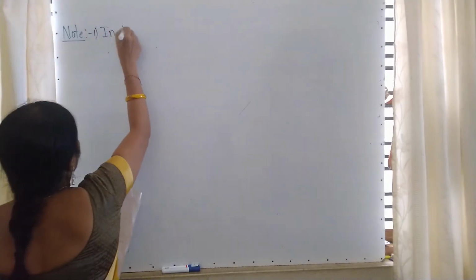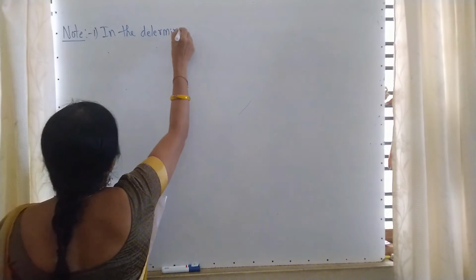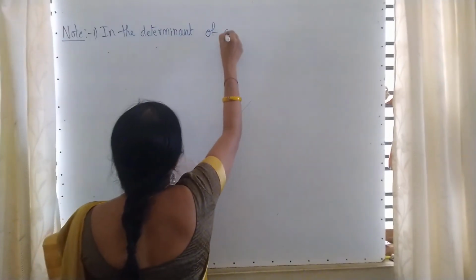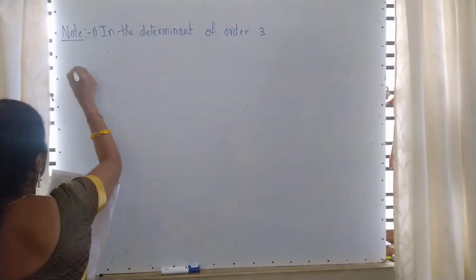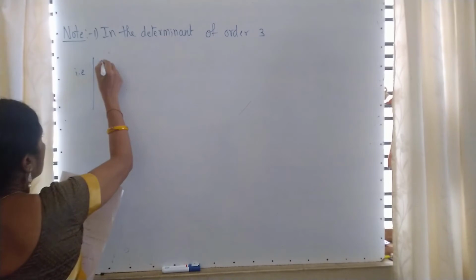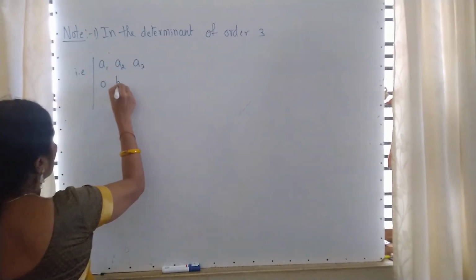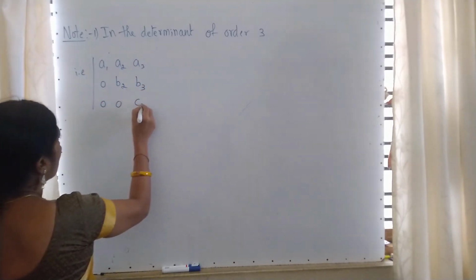In the determinant of order 3, that is A1, A2, A3, 0, B2, B3, 0, 0, C3.